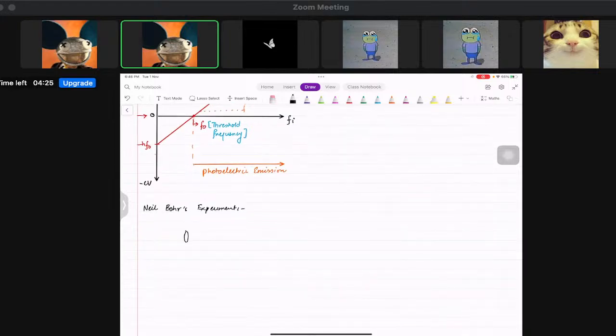So Niels Bohr's experiment basically includes a tube light. A tube light is basically a tube filled with gas, and of course it is connected with a switch and a supply.